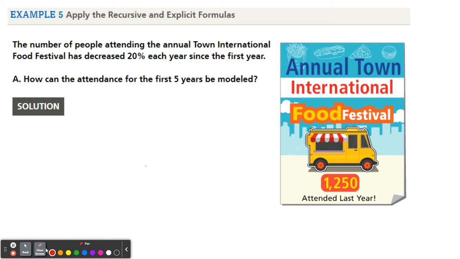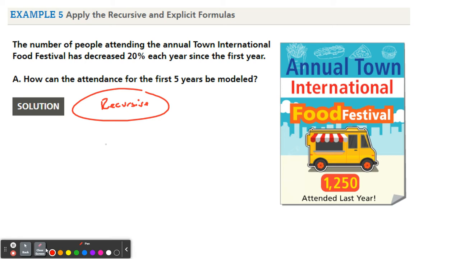If we want to figure that out, we're going to use what's called the recursive formula, because if you want the first couple of terms, you can just take the previous term and use the recursive formula to find the next term. So if the number of years you want to find is small, use the recursive formula.